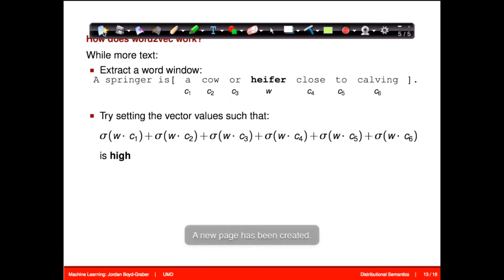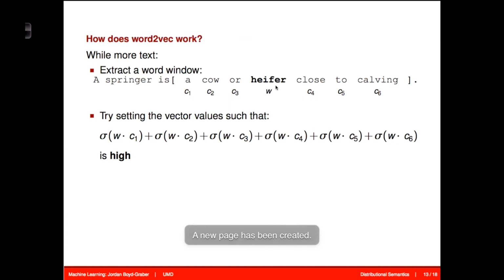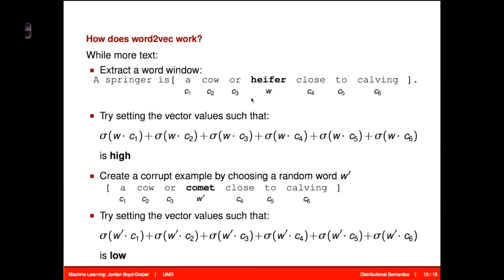At the same time, if we choose some other word instead of heifer, such as comet, we want the same equation, so take the dot product of that corrupted word and the context, pass it through a nonlinearity, we want that value to be low.